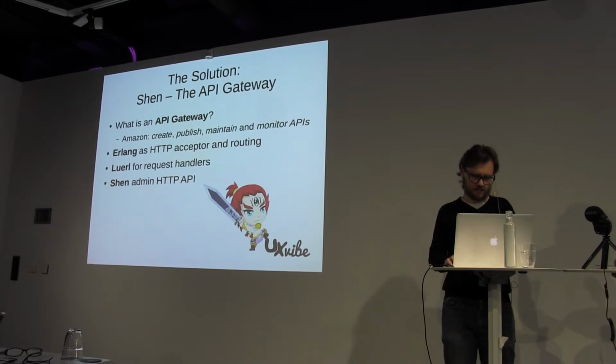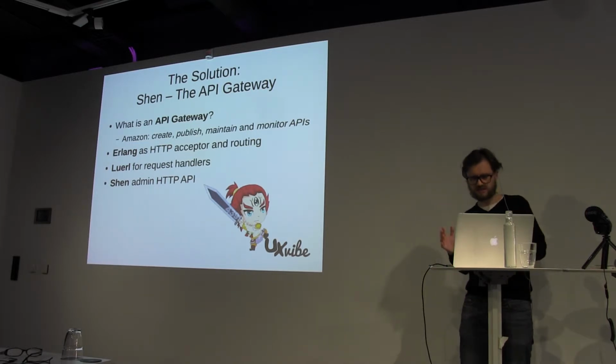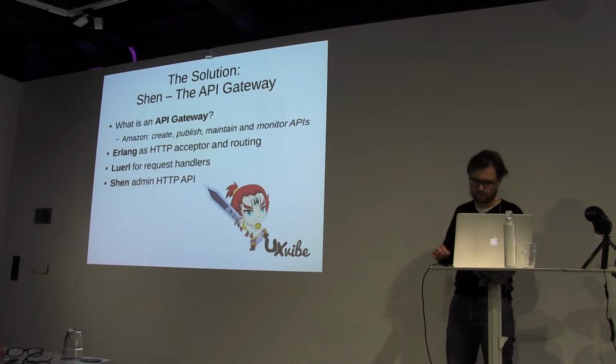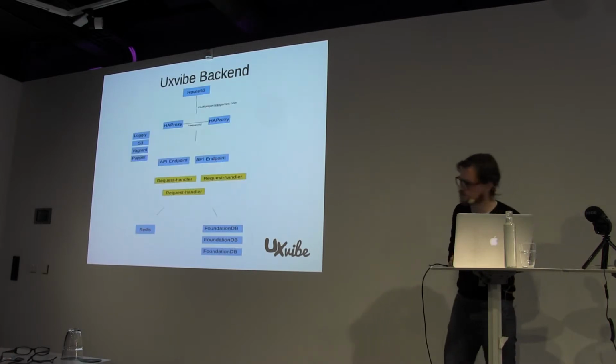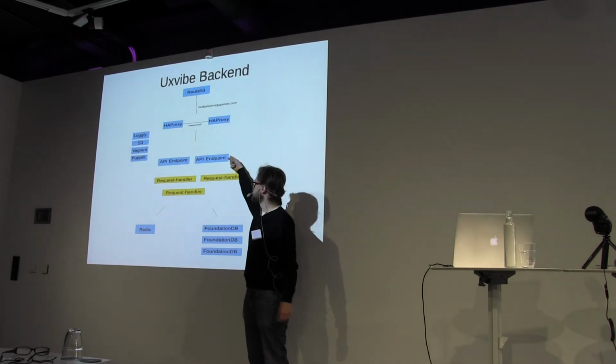So in this Shen API gateway, we try to replace some of the Erlang code and use Lua instead. Erlang is just used as the HTTP acceptor, which is still written in Erlang.